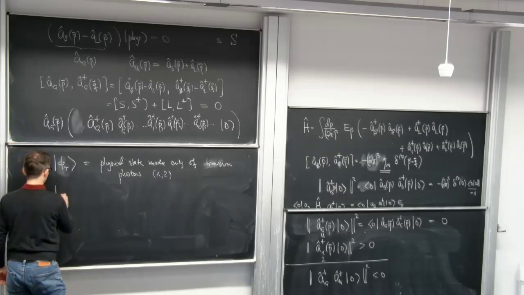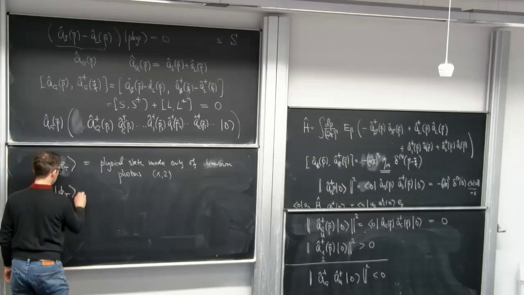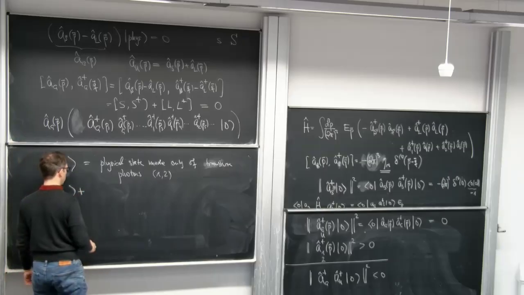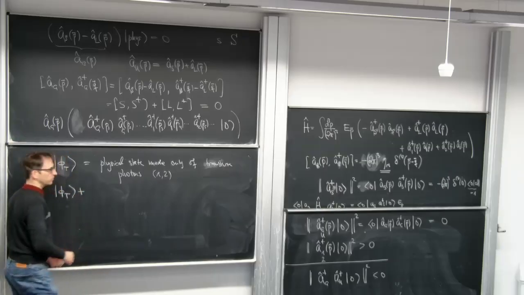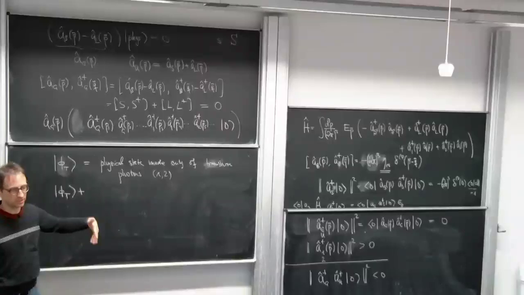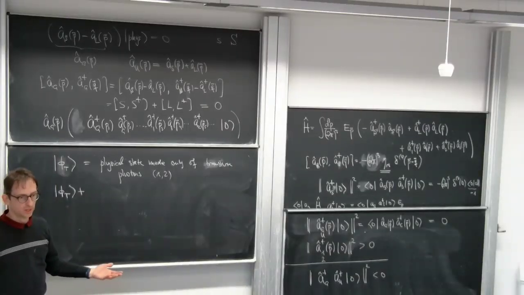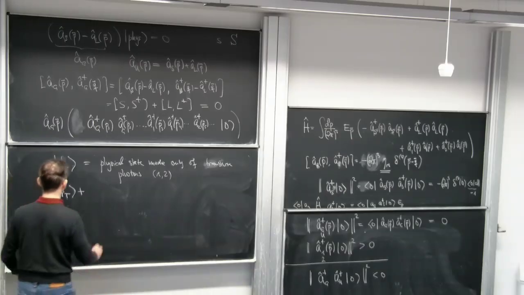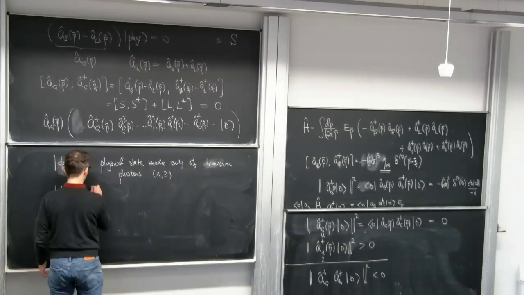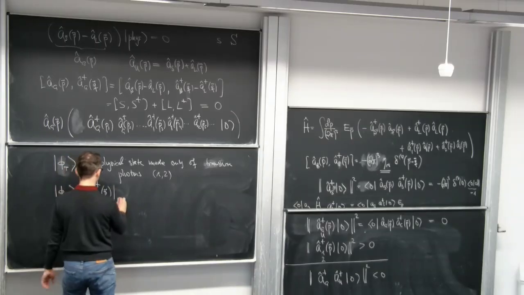So now I have phi T, and I add, however, a physical state that also contains G excitations. I'm happy with at least one. So that one I make explicit. I'm going to write it here, AG dagger of your favorite momentum, just any, and then the rest I don't care, it's any physical state.